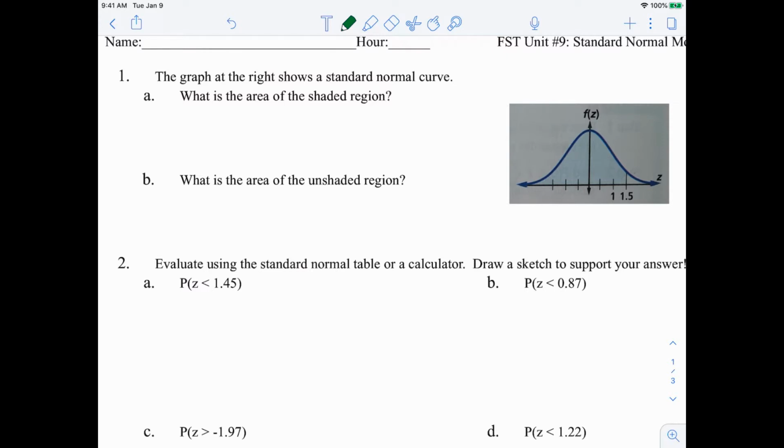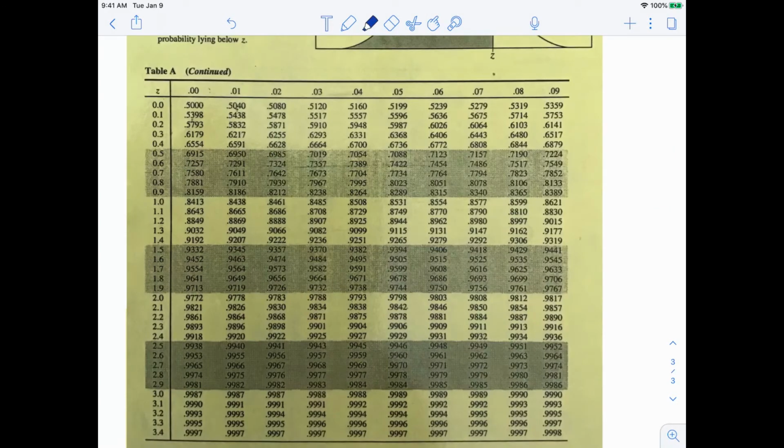Well, the shaded region is below 1.5, so that means that your z-score is 1.5. So we're really looking for the probability that z is less than 1.5. We can use either the table or the calculator. If we use the table, we're looking up a z-score of 1.5. So I find 1.5 going down the row right here, and then the last digit would be 0, so right here.